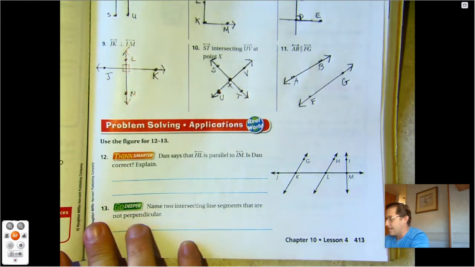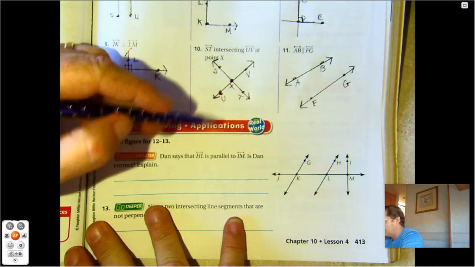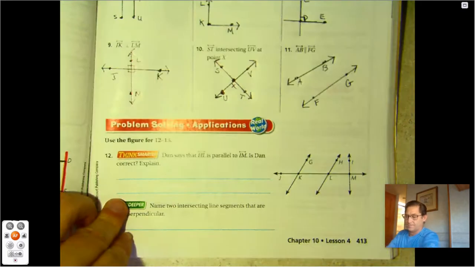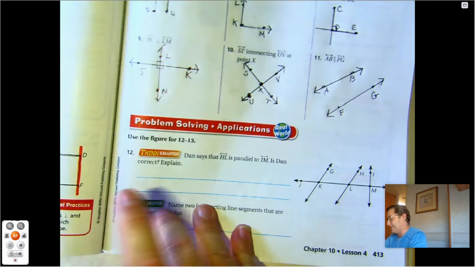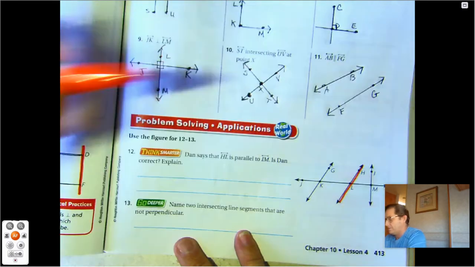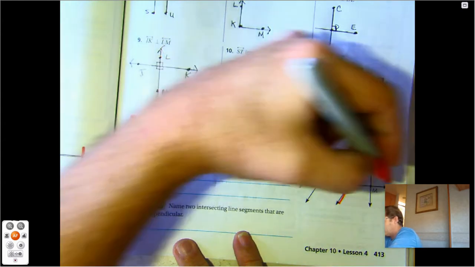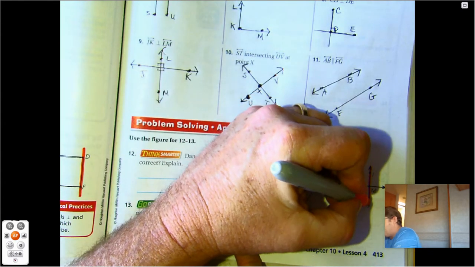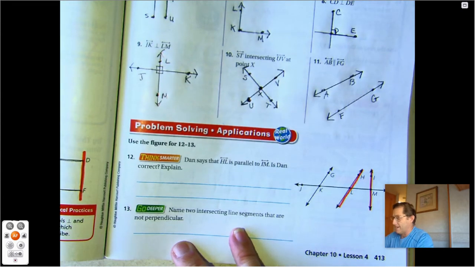Dan says line HL is parallel to IM. Is Dan correct?